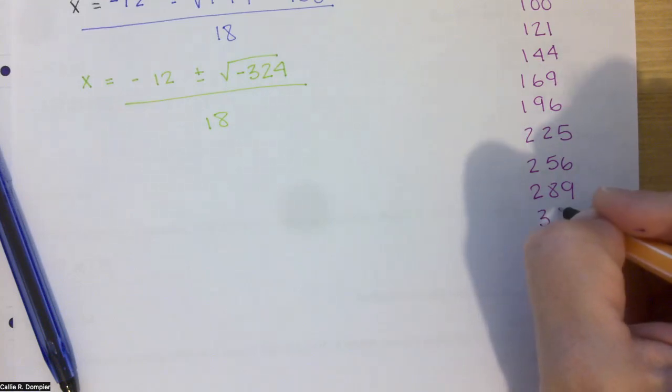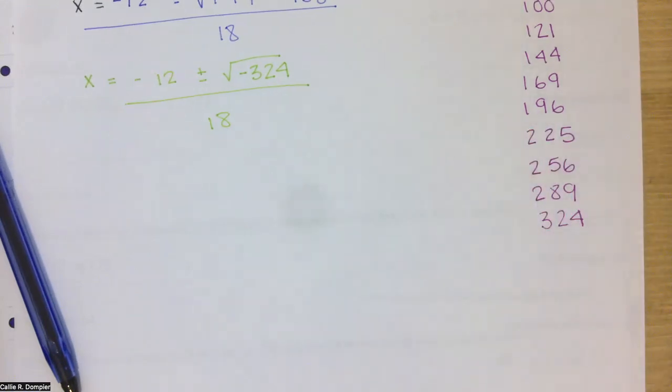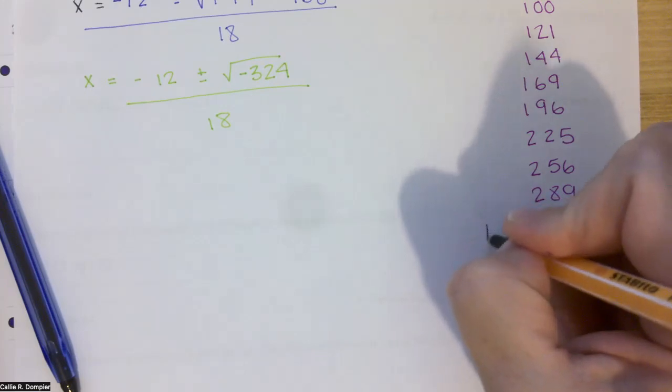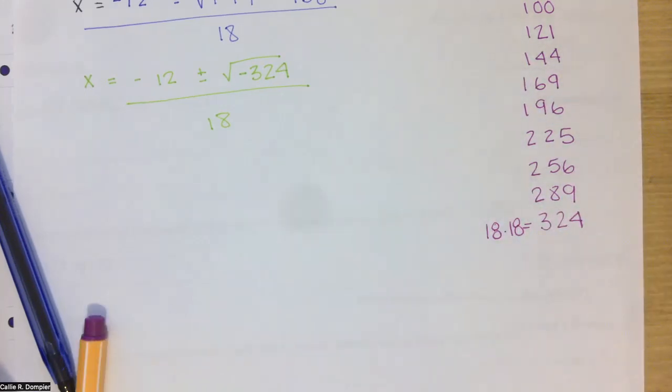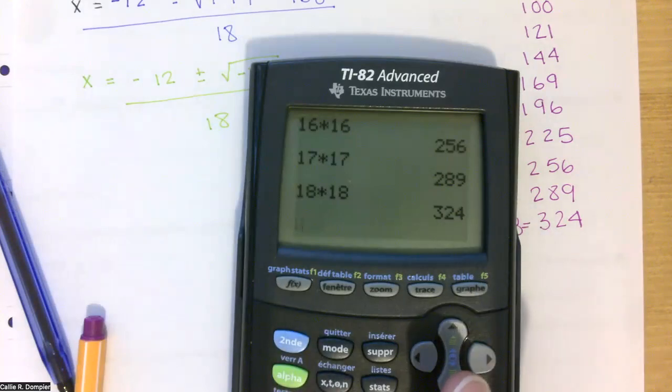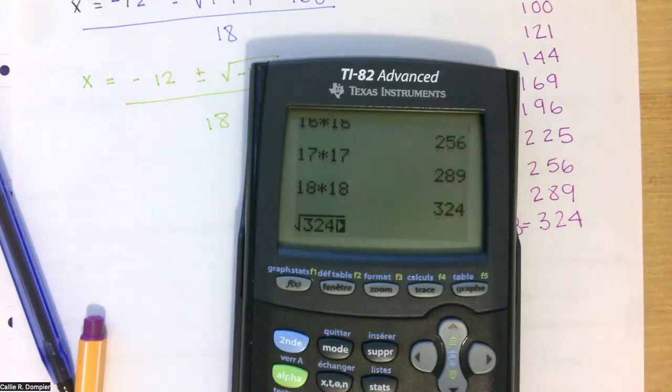But 18 times 18 is 324. You can also just go square root 324 before you start making your list. Those would probably be smart.